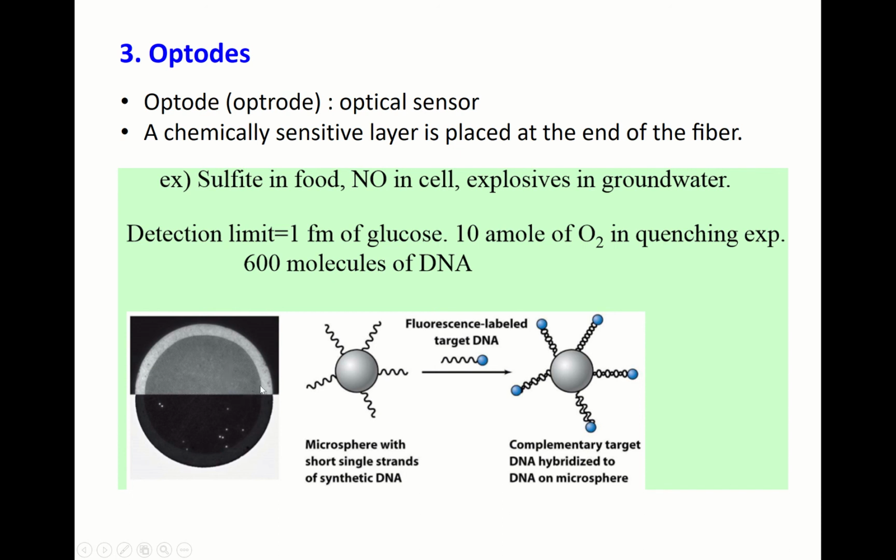If there is complementary target DNA, this single stranded DNA detects the target DNA, and if you attach a fluorescence labeled molecule, fluorescence is generated. The fluorescence travels along this optical fiber, and then you can detect it. That's the principle.